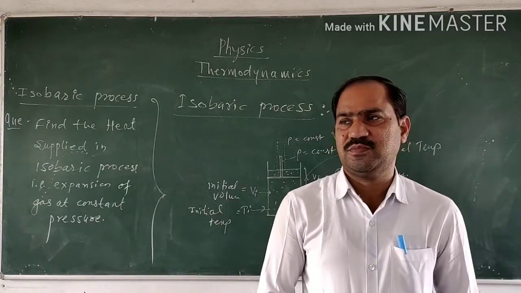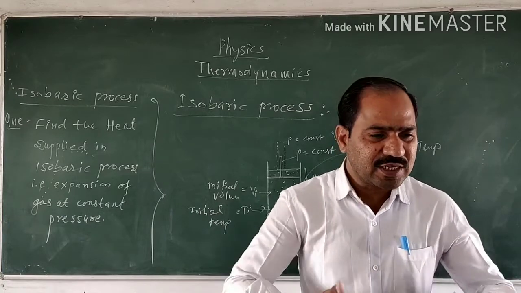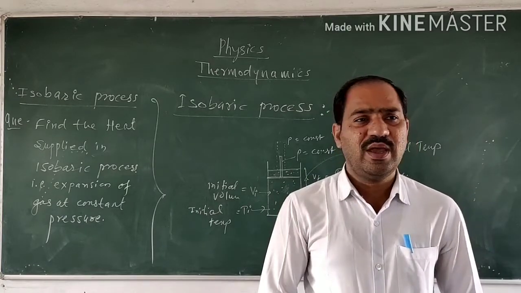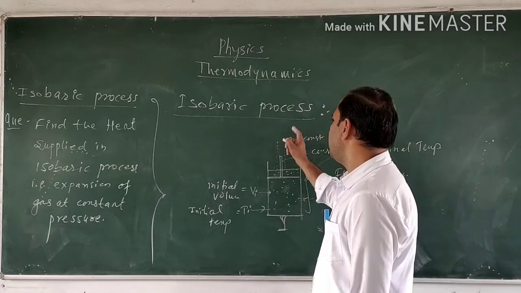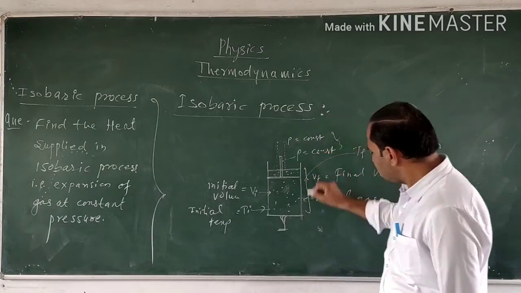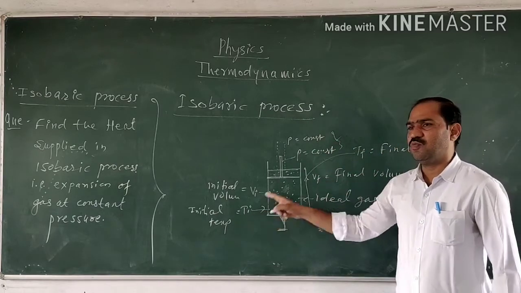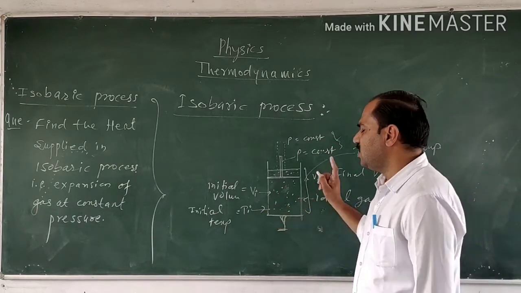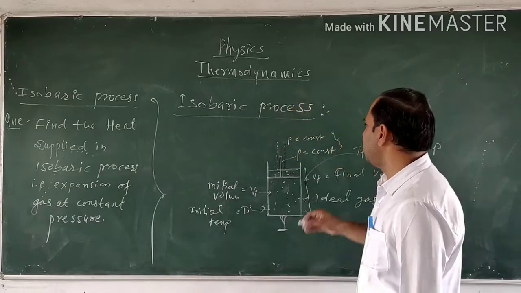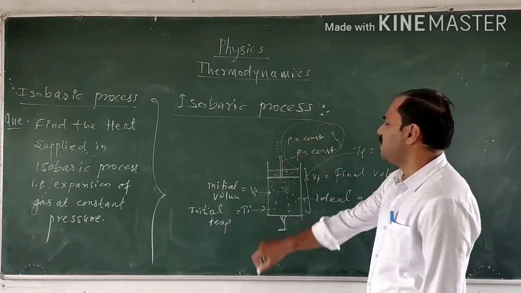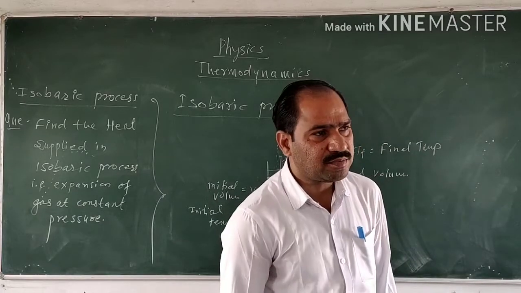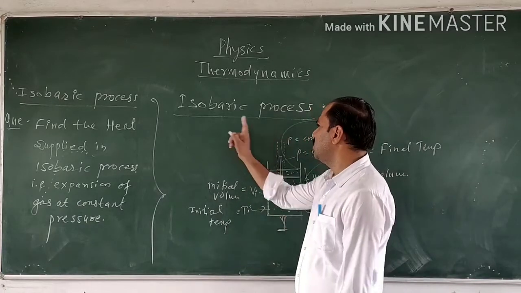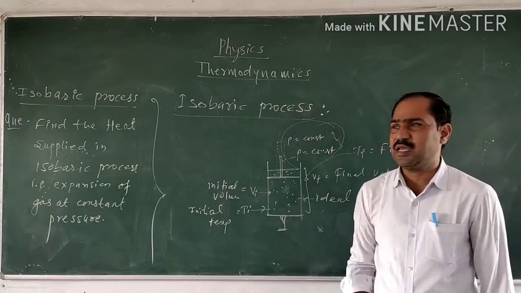It is a process in which the gas expands while temperature changes from initial state to final state and volume changes from initial state to final state, but the pressure must be kept constant. The process which occurs at constant pressure is called the isobaric process.